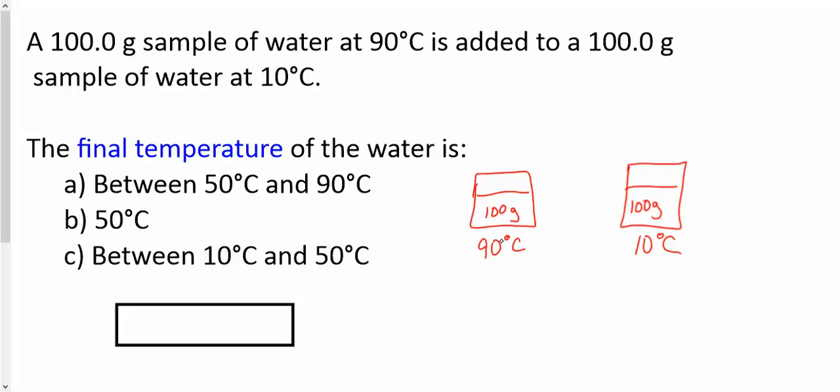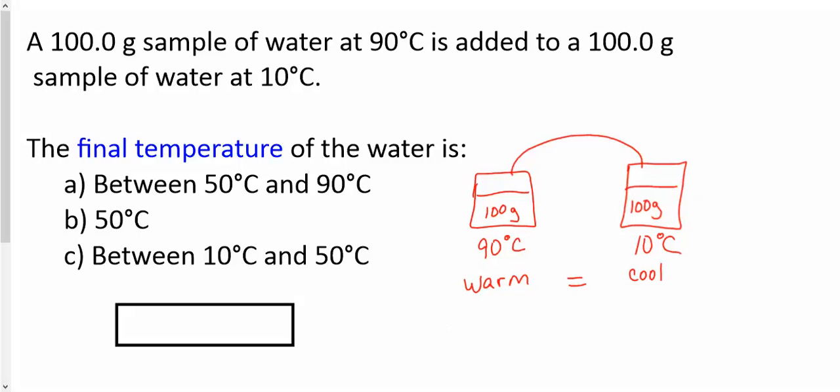One is at 90 degrees and one is at 10 degrees. So if you mix these two substances together, you can expect that the temperature will be exactly in the middle between 90 and 10. The heat lost by the warm water is equal to the heat gained by the cool water.